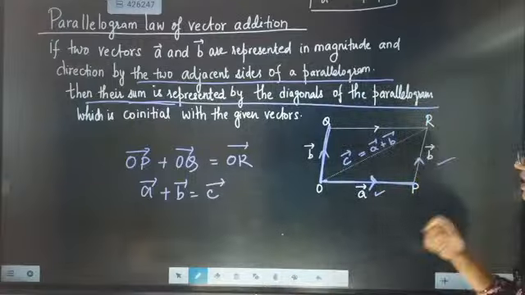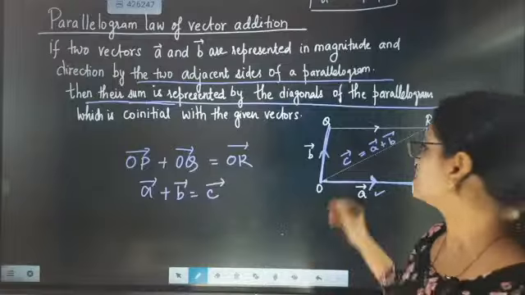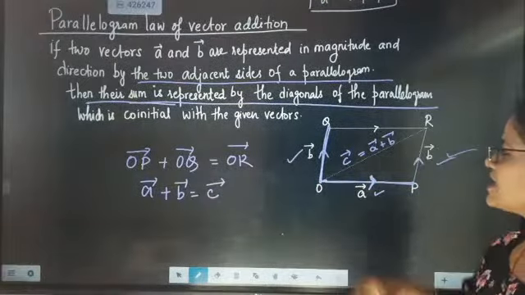Fine. So now A vector plus B vector, but we know one very important thing in a parallelogram: the opposite sides are exactly having the same arrows.